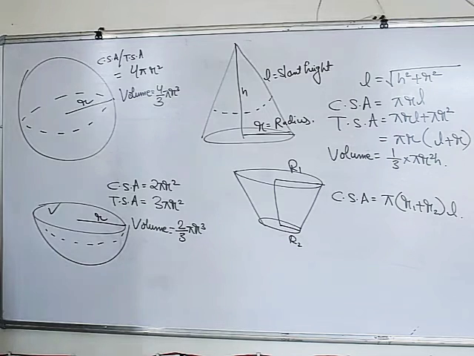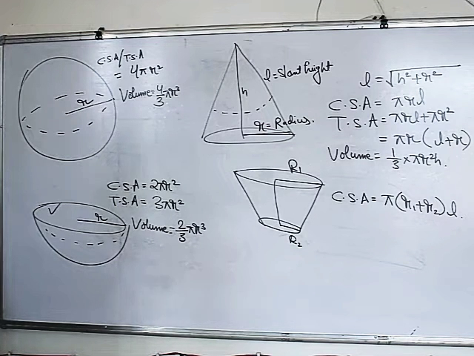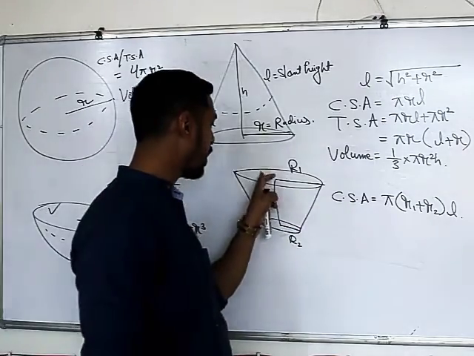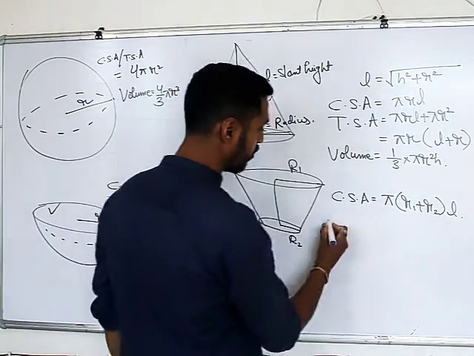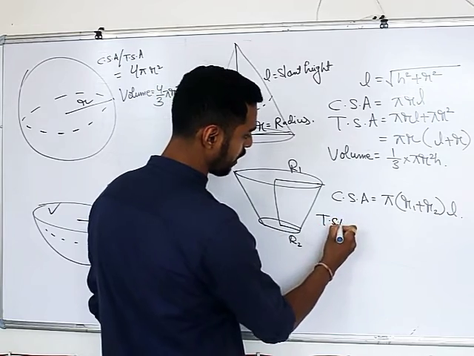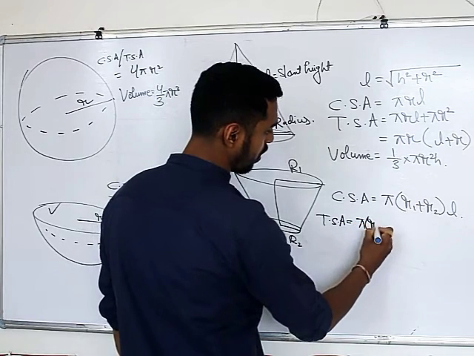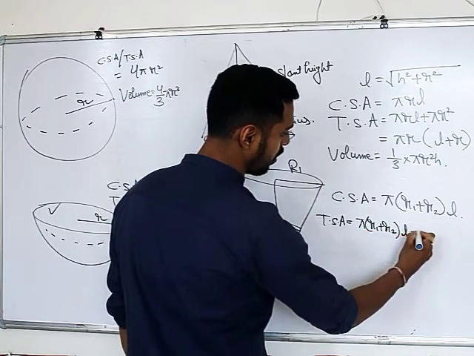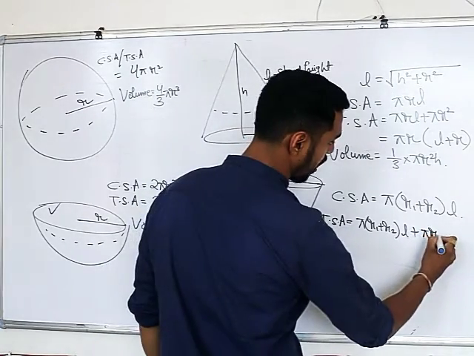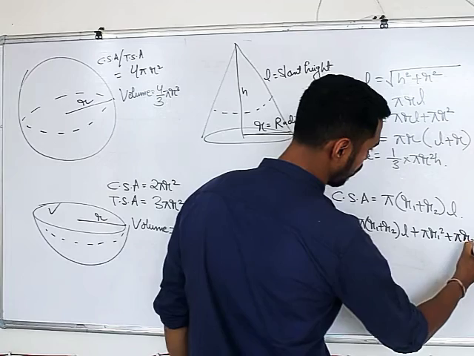After that, what is left? Now we will write total surface area and volume also of this frustum. So in total surface area, just add pi r1 square and pi r2 square. That means total surface area is equal to pi (r1 plus r2) into L plus pi r1 square plus pi r2 square.